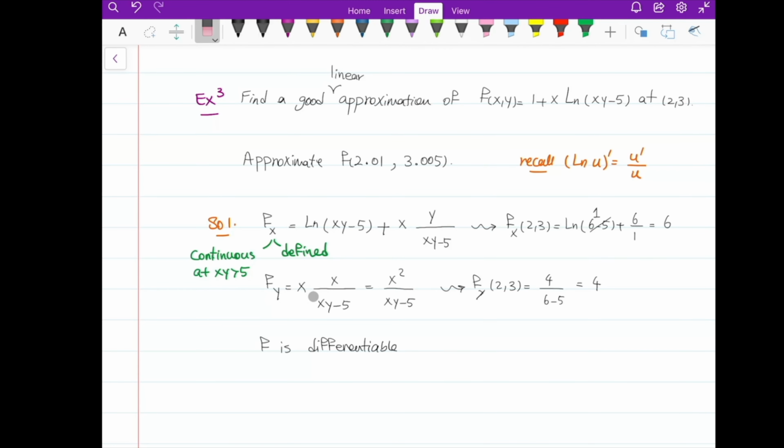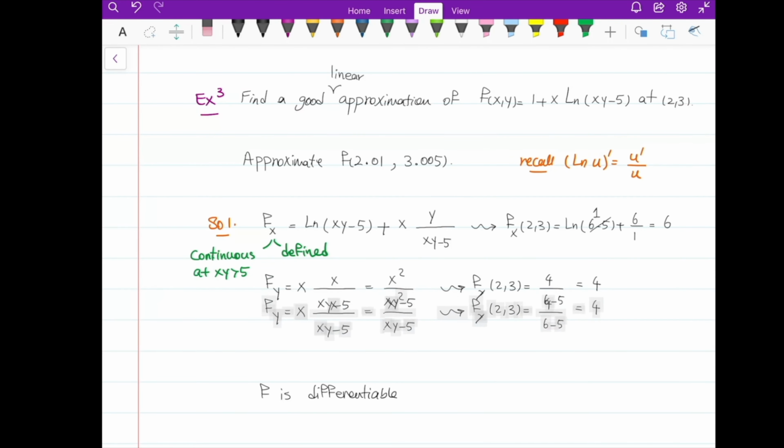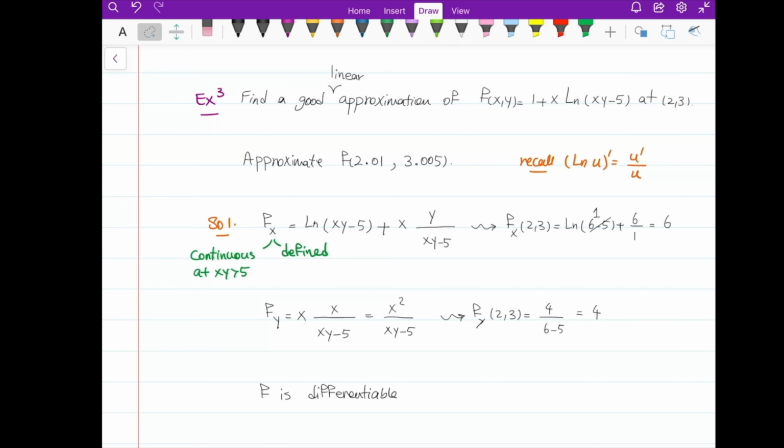How about here? For the partial derivative with respect to y, let me bring this one a little down. And you see that it exists, it's defined because I got a number at the end. And if xy is not equal to 5, it's continuous, which is the case on the neighborhood of (2, 3).